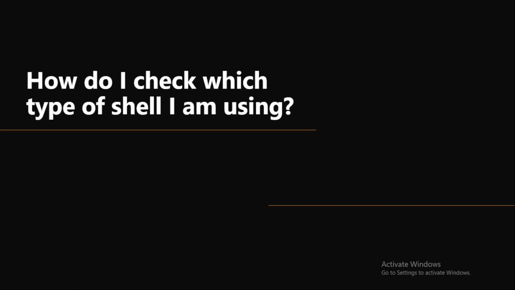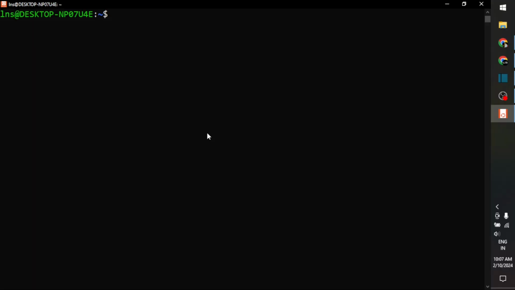Now it's time to check which type of shell we are currently using. The command used to check the type of shell is echo $SHELL. Let us try to check the type of shell we are currently using on our Linux operating system. Here I'm using an Ubuntu machine with the help of WSL, Windows Subsystem for Linux.